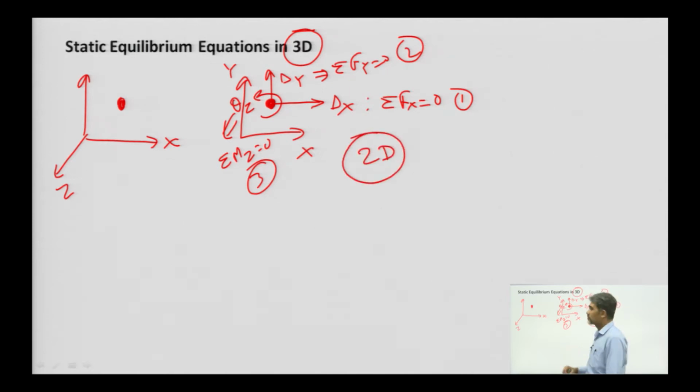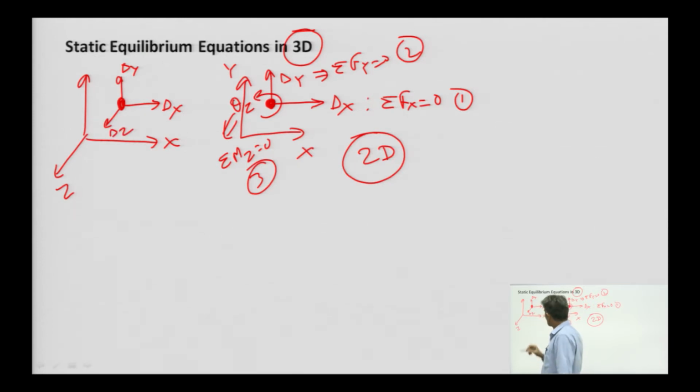In case of 3D, that point is free to move in x, y and z, delta x, delta y and delta z, and this point is also free to rotate along all these 3 axes.